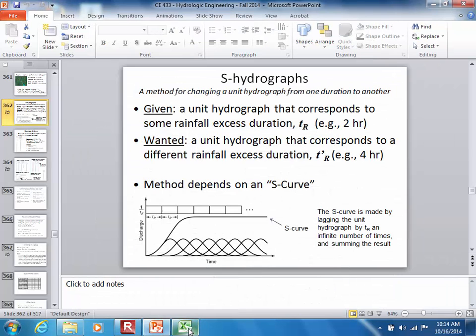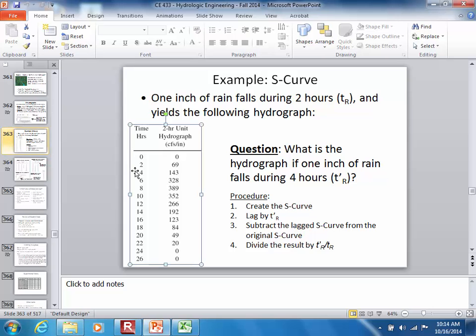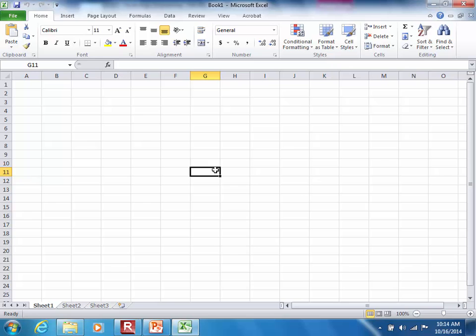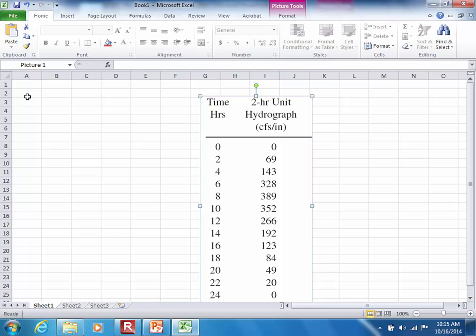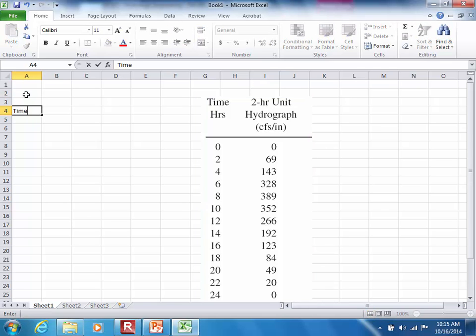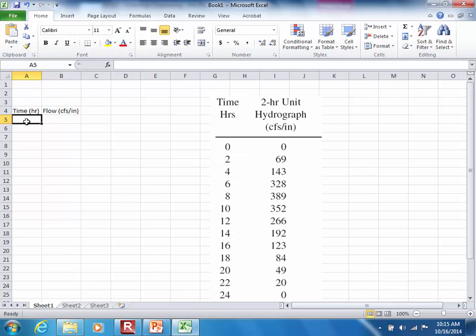And we need to have the given data and type it in. So we're going to have time in hours, and then the flow rate, CFS per inch. And you'll notice that this is going in 2-hour time increments.